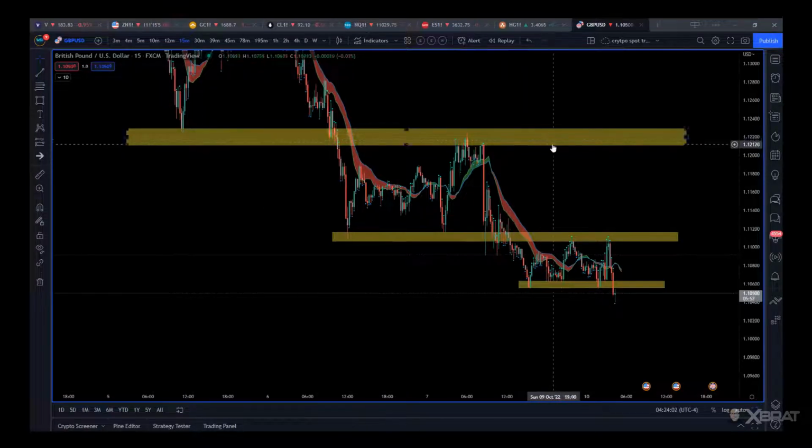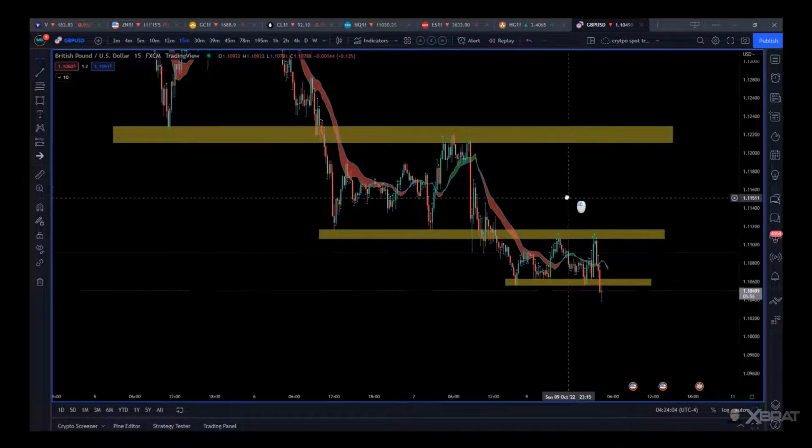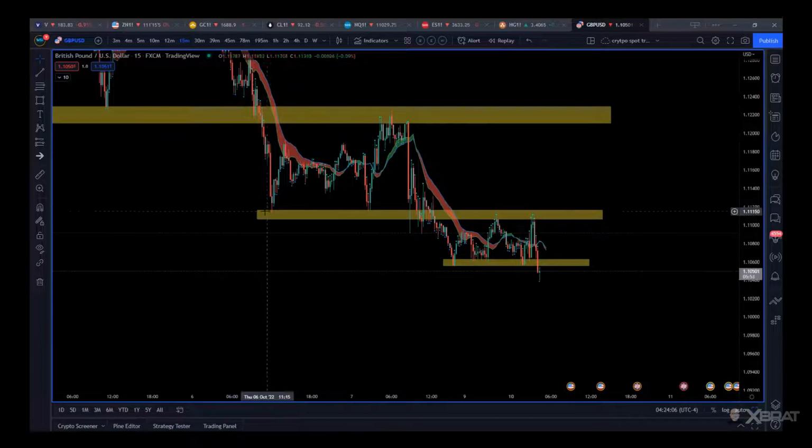So this forms a really strong support and resistance zone. We've got this pivot here, again very, very strong. But look where we test coming in on Sunday night, Monday morning. We test from below this zone.